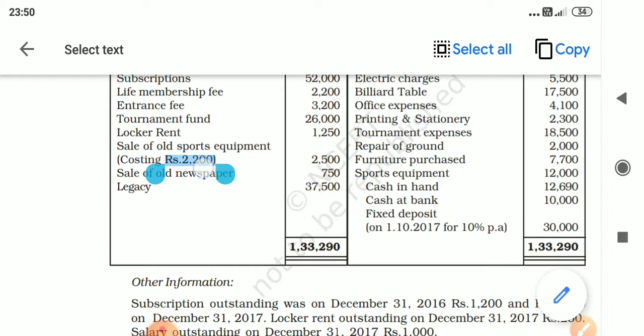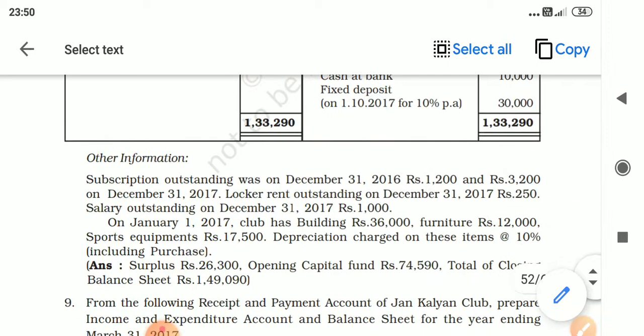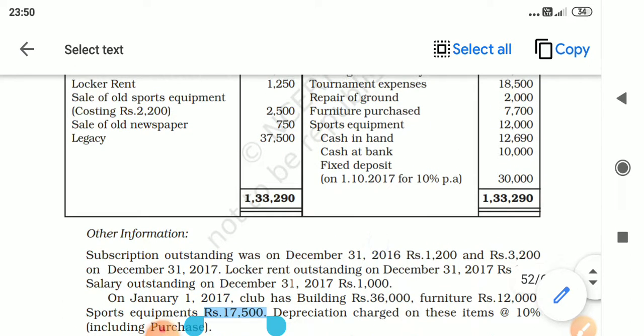Always take the cost price, 2,200. So what is it coming up to? 17,500 plus 12,000 is 29,500. 29,500 minus 2,200 is 27,300.